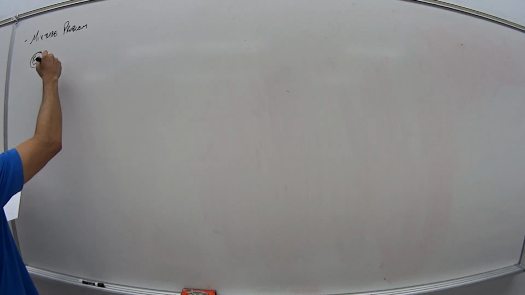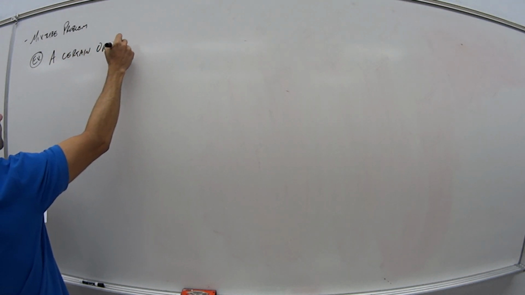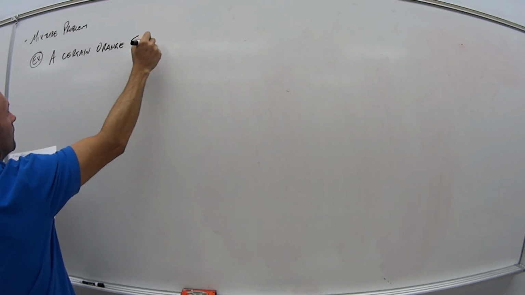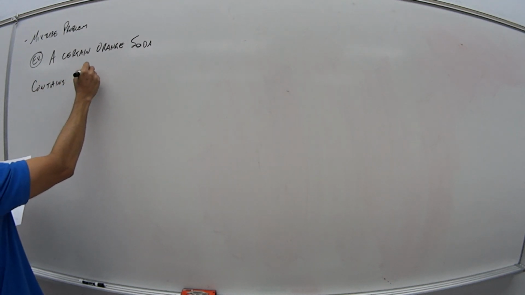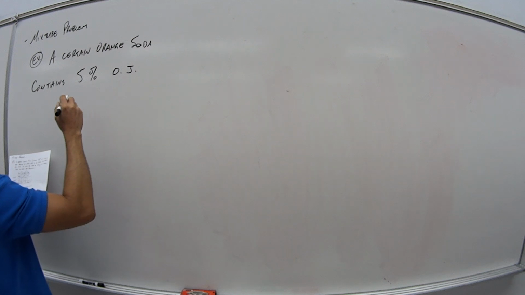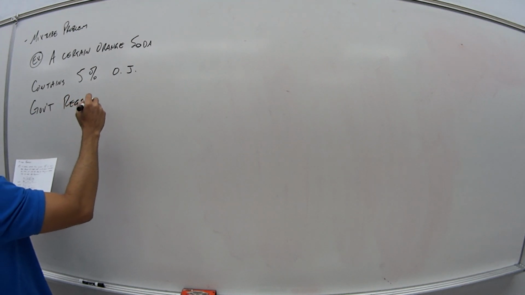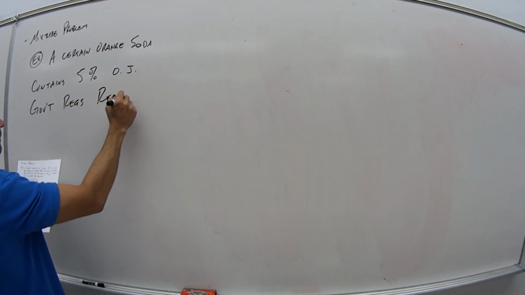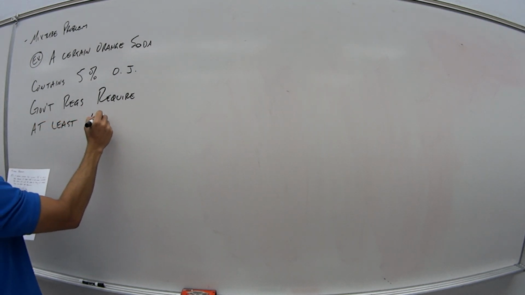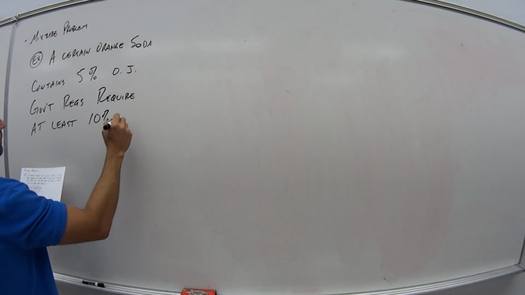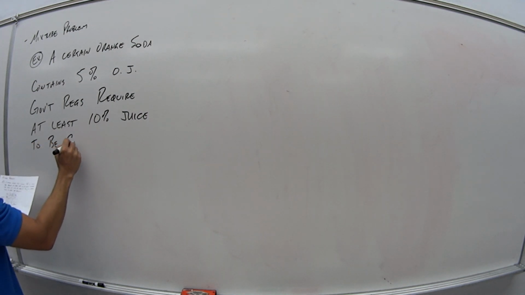So a certain orange soda contains 5% orange juice, government regulations require at least 10% juice to be called natural.